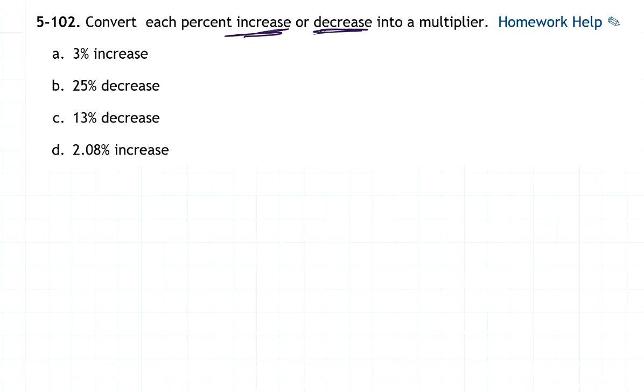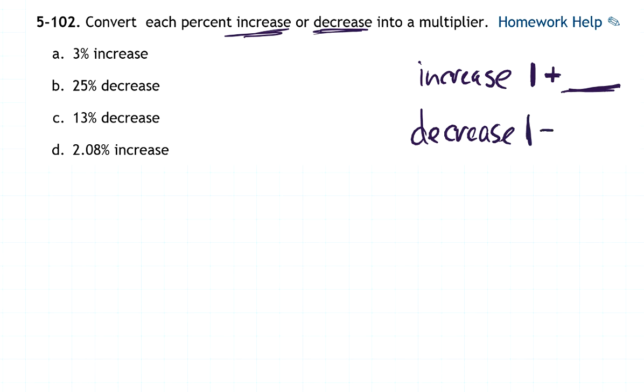So if I've got a percent increase, I'm going to be starting with the number 1, and I'm going to be adding that percent expressed as a decimal. And if I have a percent decrease, I'll again be starting with the 1, but this time I'm going to be subtracting that percent expressed as a decimal.